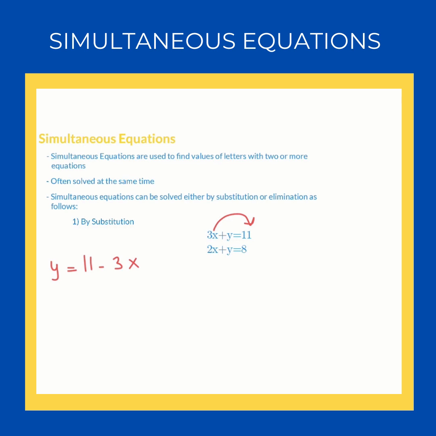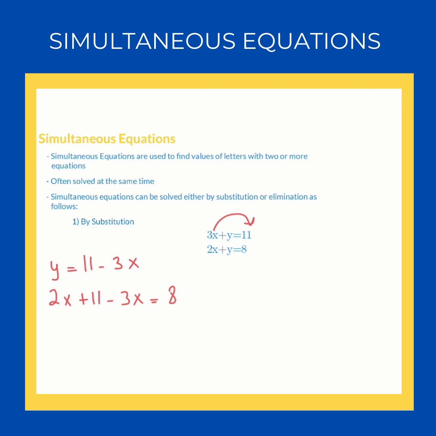Now the second step is to substitute y, which is 11 minus 3x, in the second equation. So I will get 2x plus y, which is plus 11 minus 3x, equals 8. So I'm collecting like terms on the left hand side of the equation.